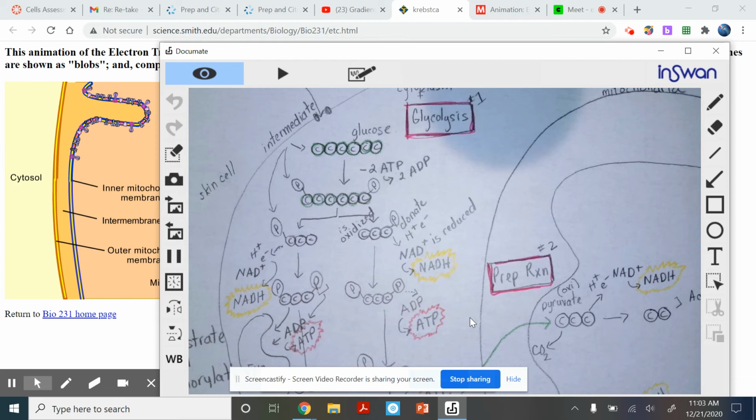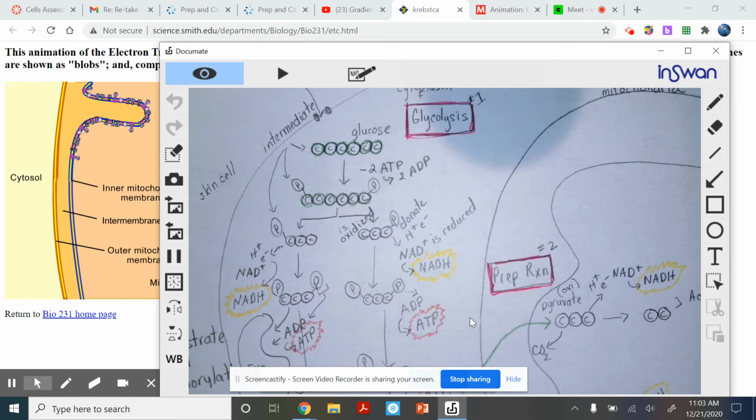You need to be able to tell me where this happens. You need to say glycolysis happens in the cytoplasm. So cells don't need mitochondria to generate ATP. All cells have the ability to generate some ATP in glycolysis. It's just not much, though. It's only 4. It doesn't get a cell very far.